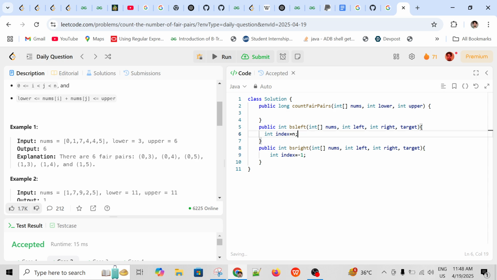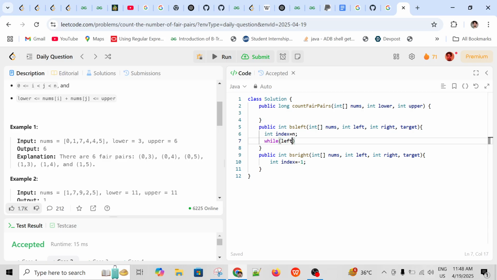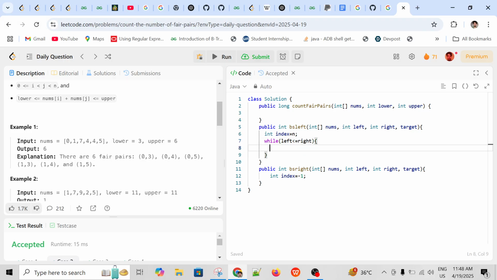Okay, now while left is less than or equal to right, in this case you have to find out the mid. This will be left plus right divided by 2.